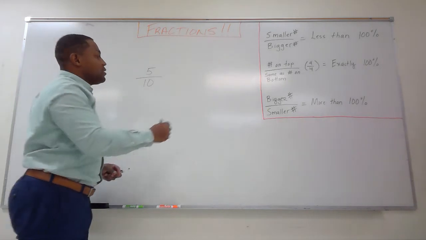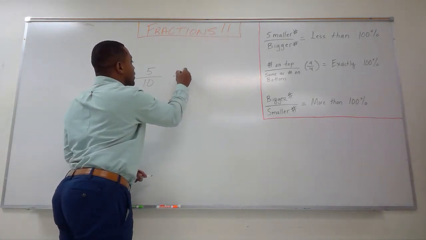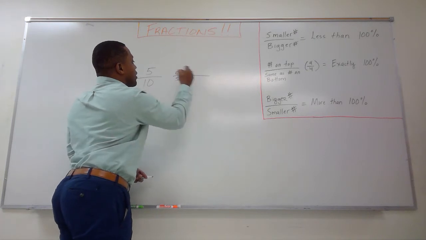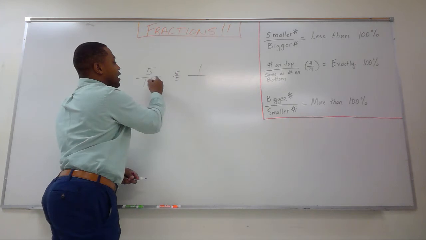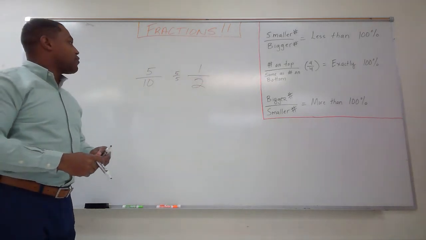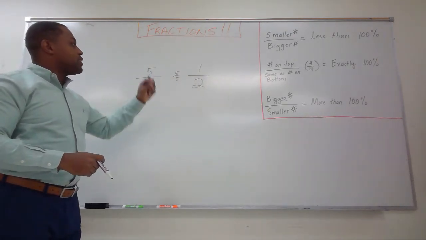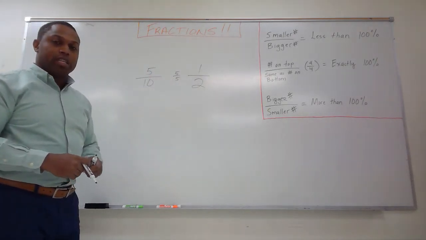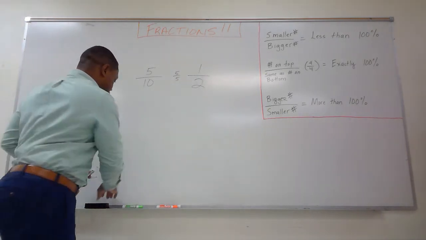In this case, 5 is. 5 can go into 5 one time, and 5 can go into 10 2 times. So if you did have a fraction that you could simplify, find the biggest number that will go into both of those numbers equally to get that fraction as small as possible.